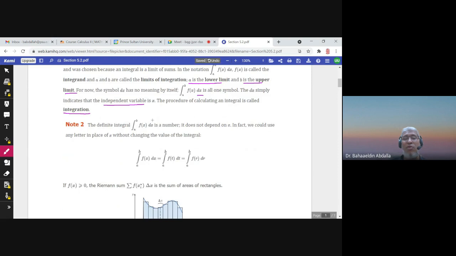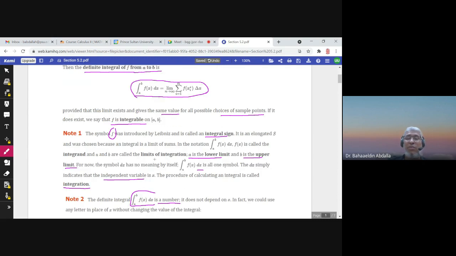The answer of the definite integral is always a number. In fact, this is a number. It could be positive and it could be negative. It doesn't depend on x, which means you can write it f of x dx, f of t dt, f of r dr, all the same.